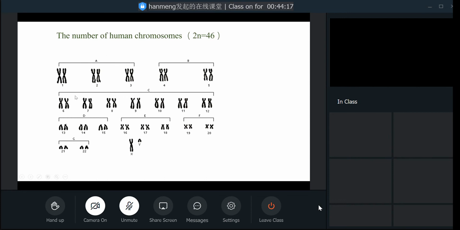Here is a karyotype diagram of human chromosomes. And from this picture, we can clearly see how many chromosomes are in human beings, and whether it is a woman or a man, or whether the chromosomes have some abnormality.